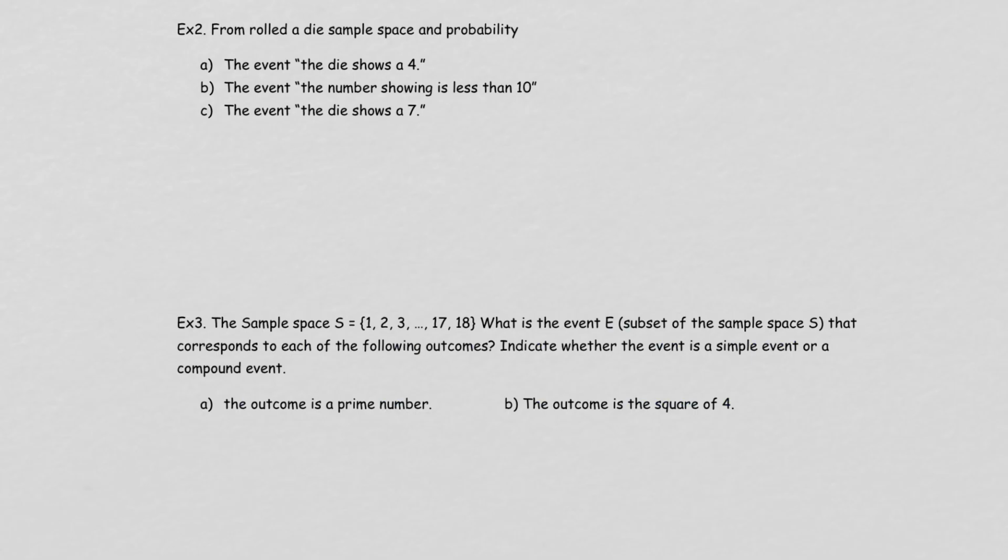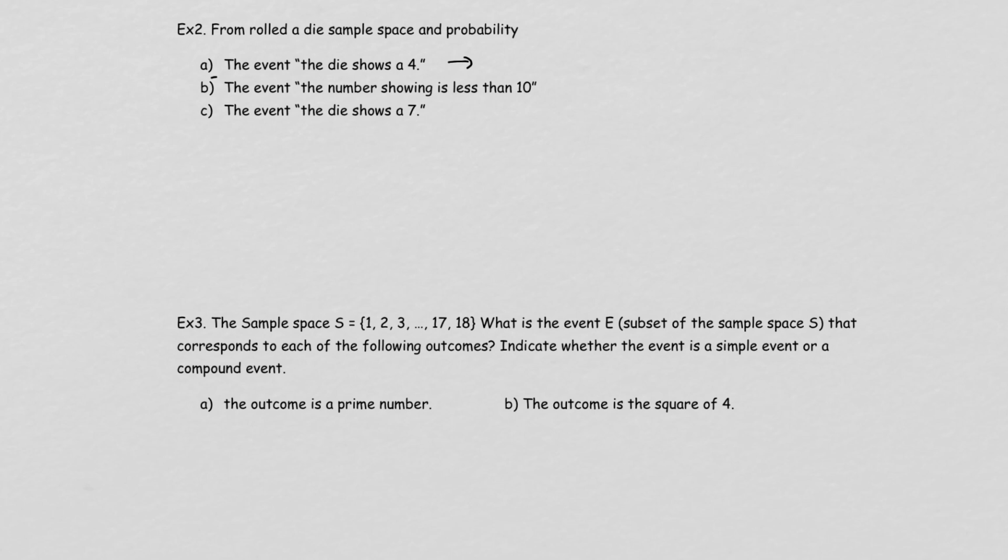Now we're going to look at finding probabilities. So you're rolling a dice, and what's the probability of event A: the die shows 4?